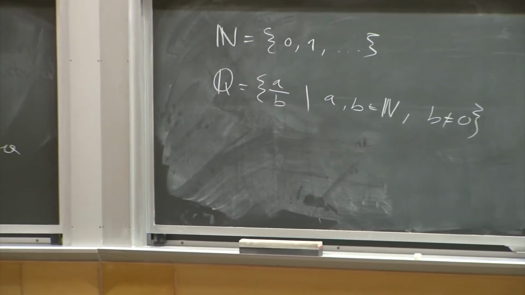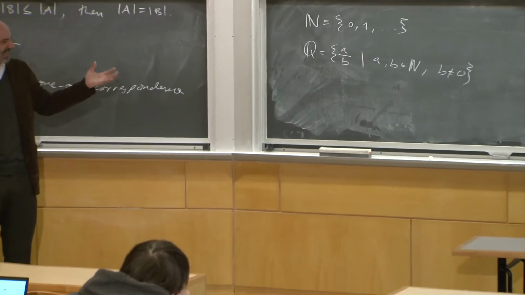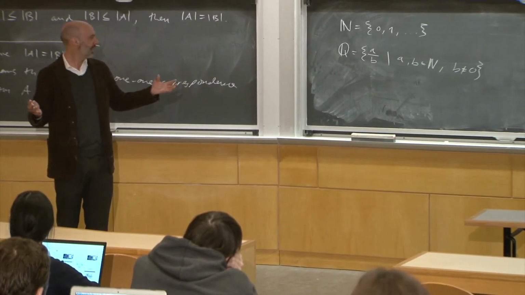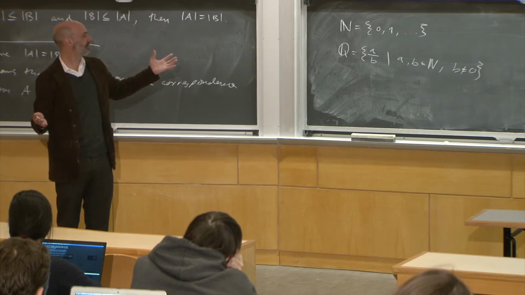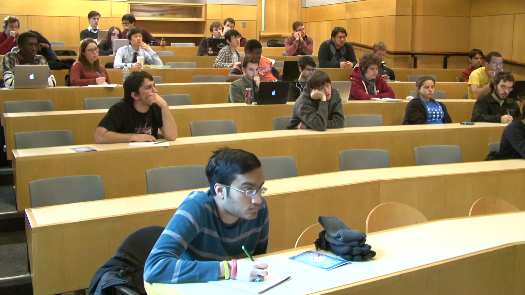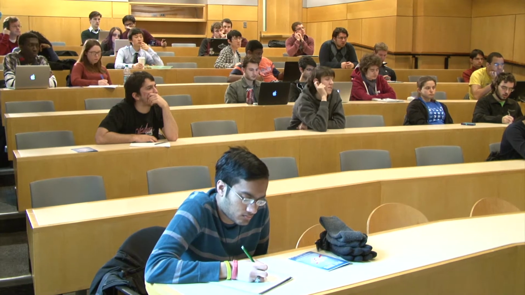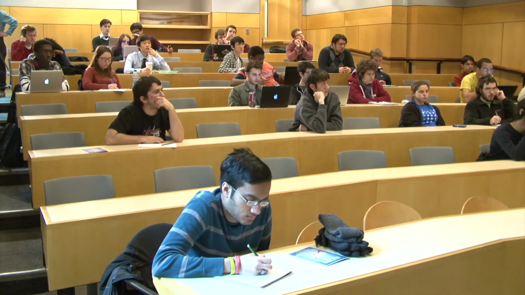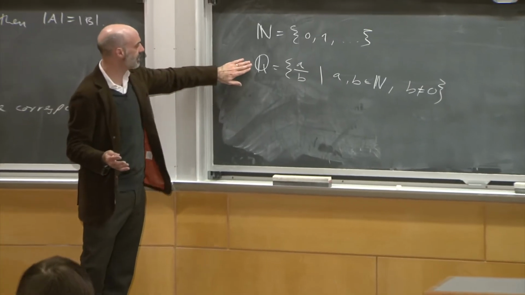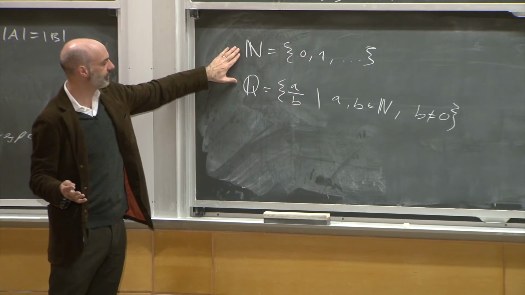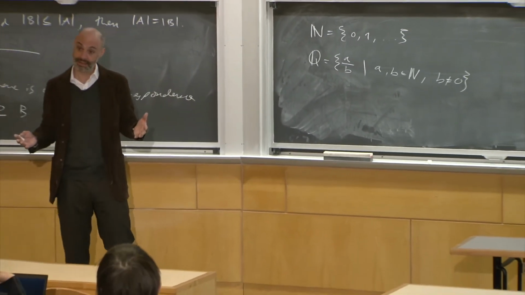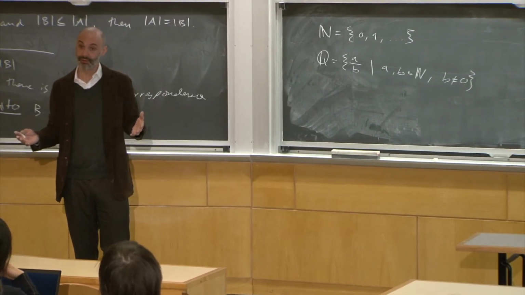The first question, and this result is what gave rise to the field, is: are there just as many of one as the other, or not? Or are there more rational numbers than natural numbers? We know there are at least as many rational numbers as natural numbers, because every natural number is a rational number.